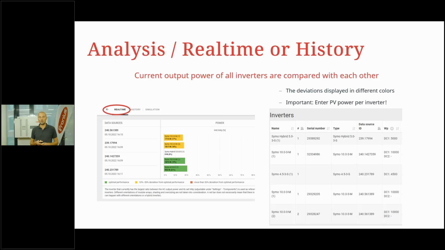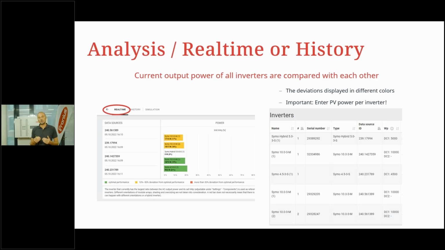When they are yellow, there's a 10–50% deviation in performance. This can be the case as well when the string orientation is, for example, east-west. Then the inverters can show, of course, different performance. So don't worry about that. If you know there's a difference, it's fine.